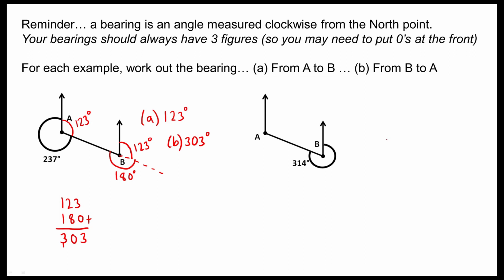Just like previously, I know straight away that the bearing from B to A is going to be 314. Just like we did before, I can extend the line between A and B out, and I can take 180 degrees, which is this bottom bit, away from 314 to work out this angle just here.